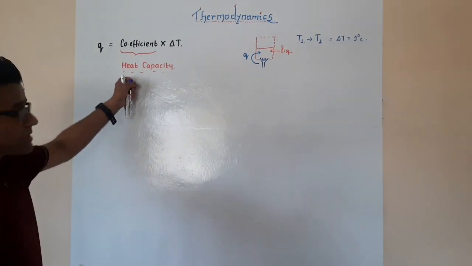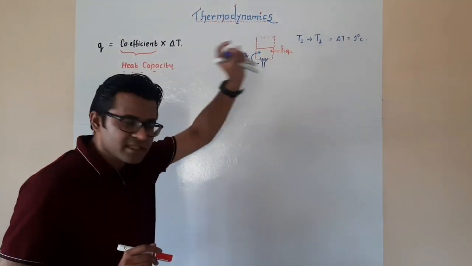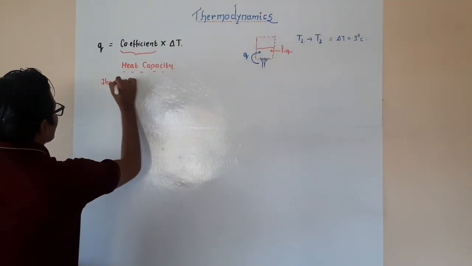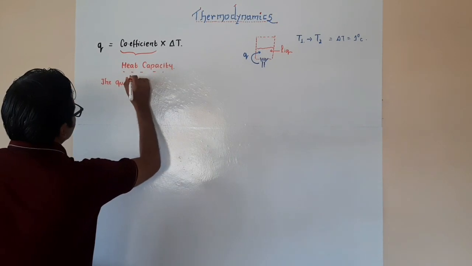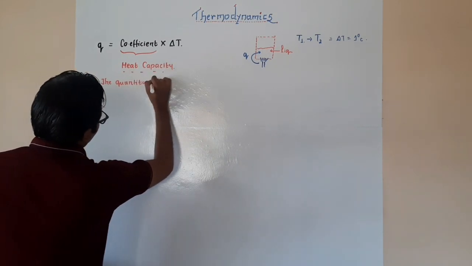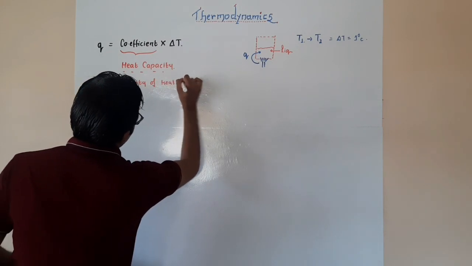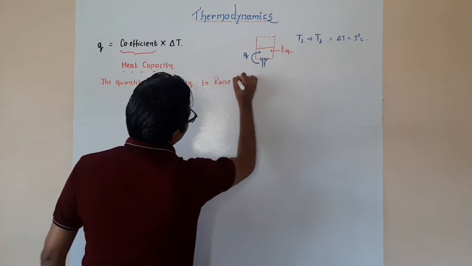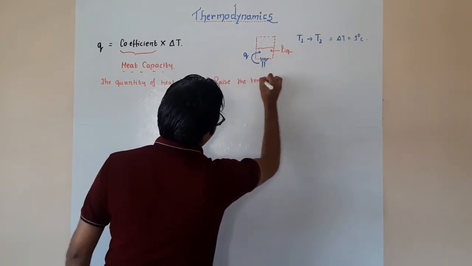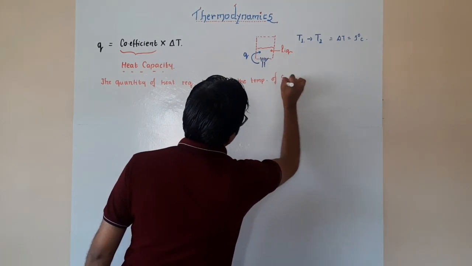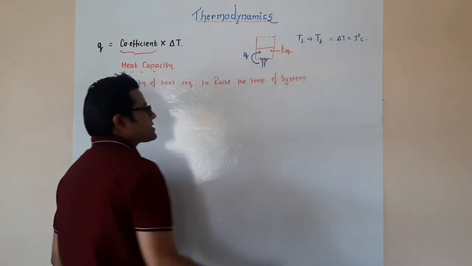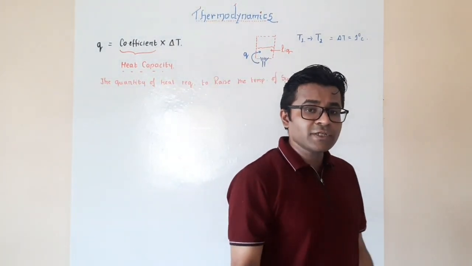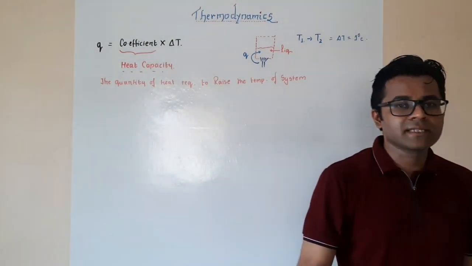So heat capacity is defined as the quantity of heat required to raise the temperature of the system by 1 degree Celsius.